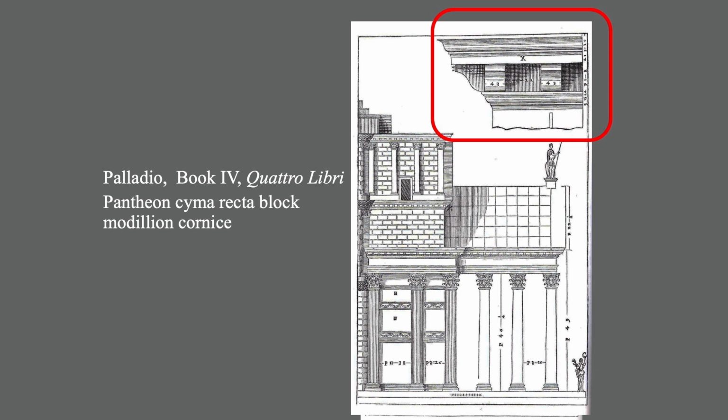We define them as cyma recta block modillions. Cyma means S-curve, recta means straight. The curve of a cyma recta block modillion starts off straight or horizontally and ends up horizontally.